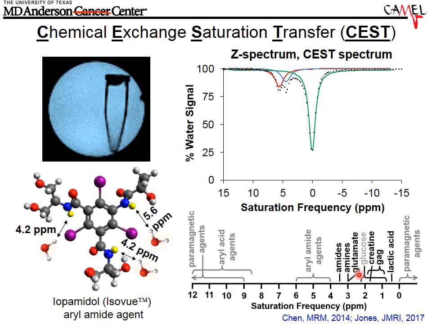And then there are the endogenous molecules, amides and amines within proteins, glutamate, a metabolite, creatine, another metabolite that's often studied, and glycosaminoglycans in cartilage, and also lactic acid. So we study the aryl amide agents that are in this regime of about 4 to 5 ppm, as shown here, because they have well-known properties for CEST MRI.